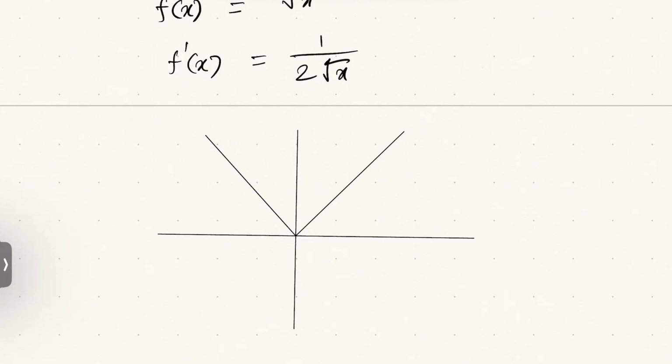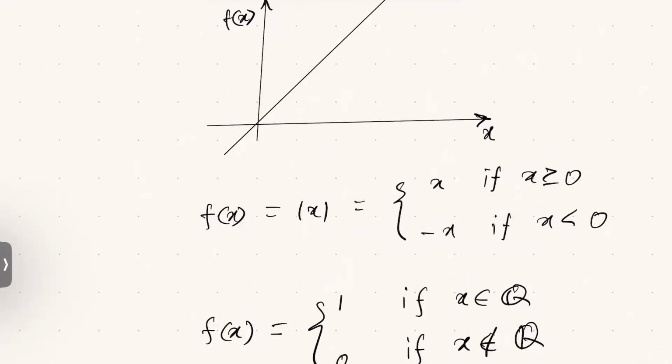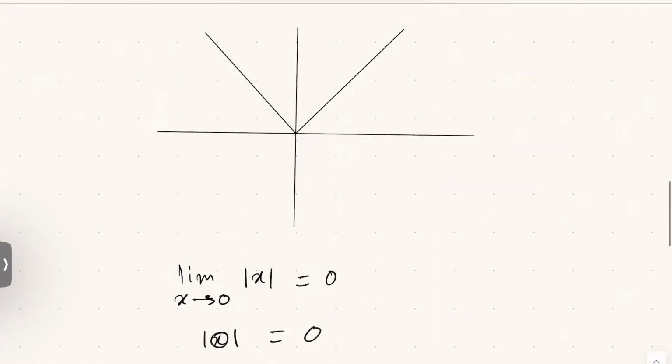It is continuous, right? Because the limit as x goes to 0 of absolute value of x is equal to 0. And also the function value, absolute value of 0, equals 0 from the definition, because it gives you x if x is greater than or equal to 0. Hence, the function value is 0 and the limiting value is also 0.